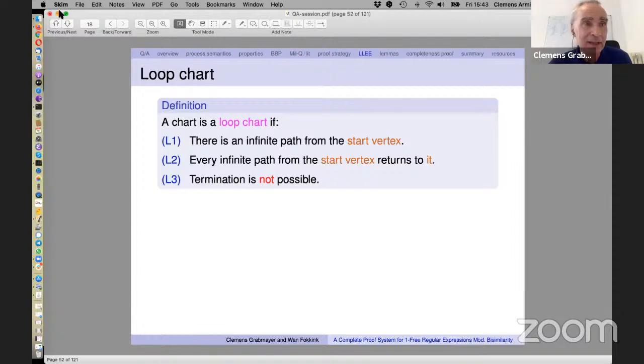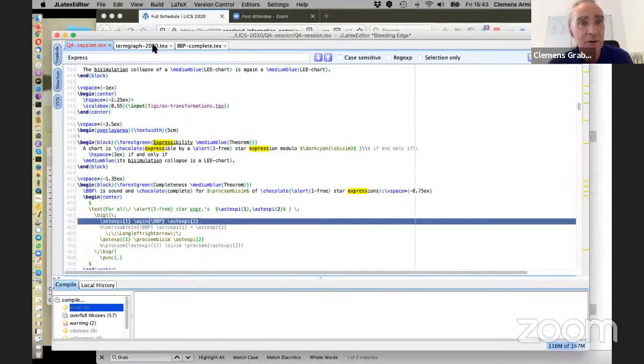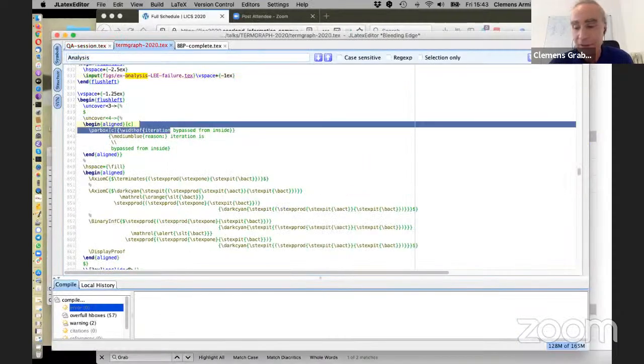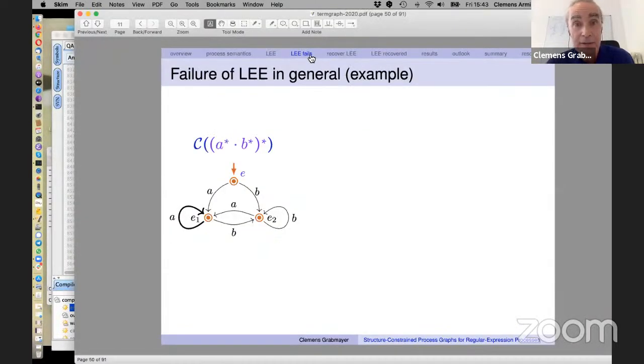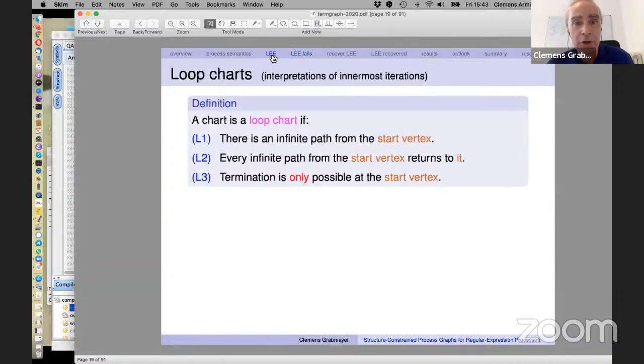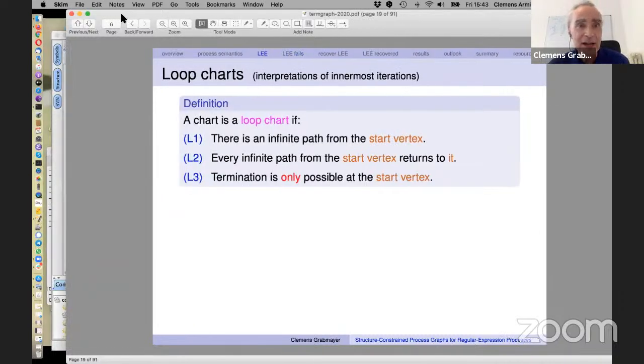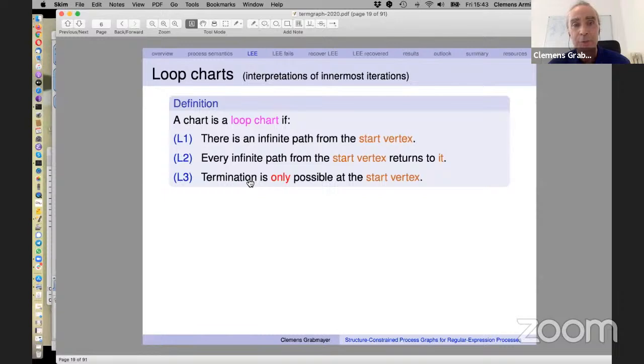that I can even show to you, because it is a talk that I gave last Sunday in the term graph workshop. And you see here, I've changed just the last property of a loop to: termination is only possible at the start vertex. And then the peeling off process should be entirely the same for one charts as for loop charts.